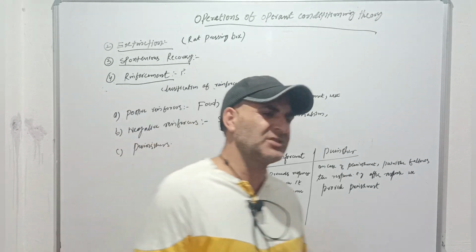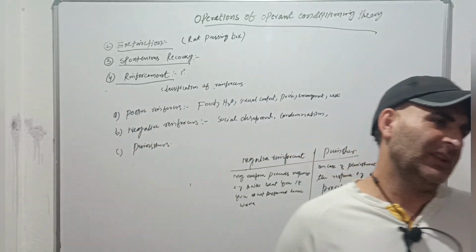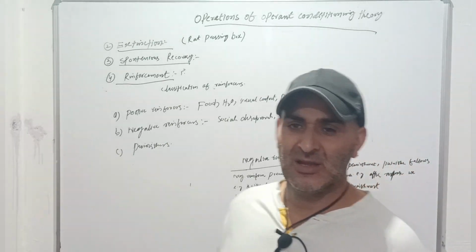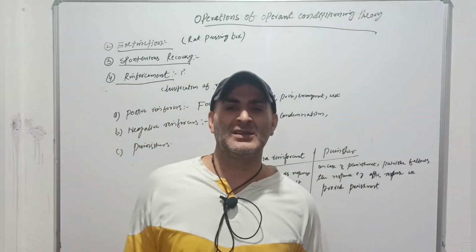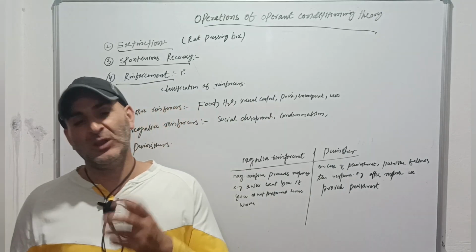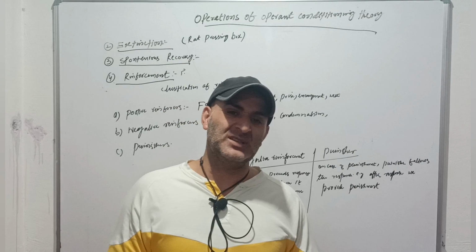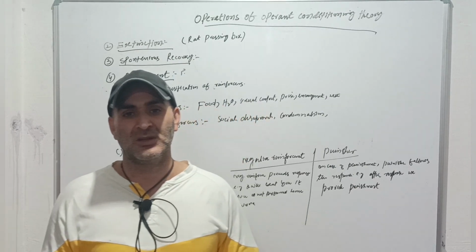जैसे कि हम सब जानते हैं that reinforcers are being called the heart of learning. It means no learning is possible without the reinforcement when we look through the prism of operant conditioning theory.